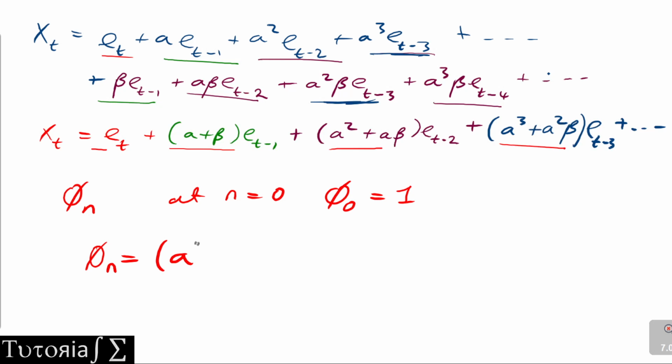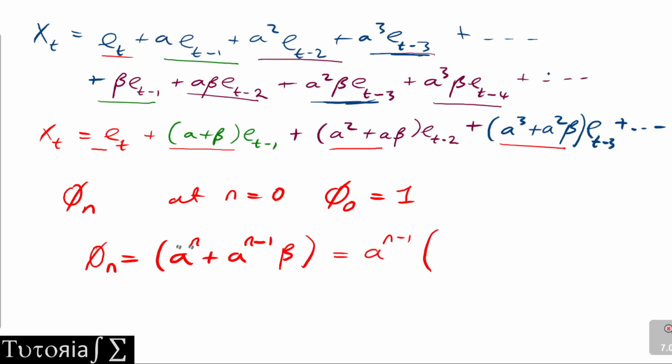So there is a to the power n. Then there is plus a to the power n minus 1, because we see that here there is no a, but here there is a, then here there is a squared. Then the beta is constant here. Now we can factor out a to the power n minus 1.